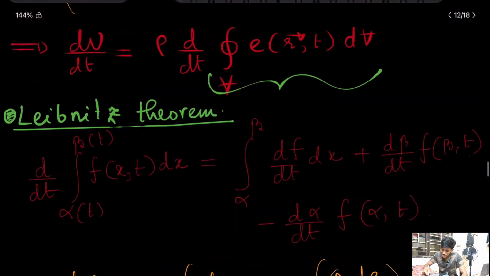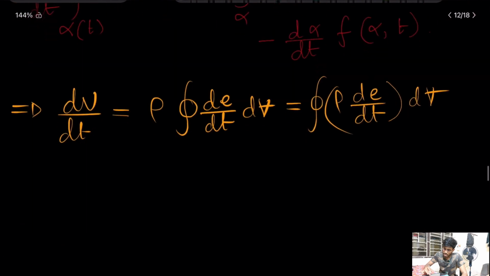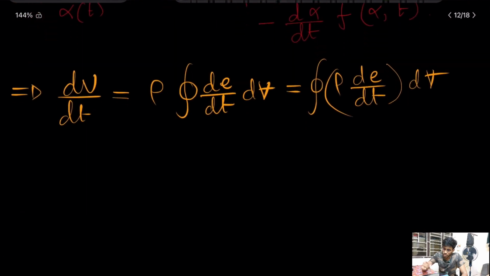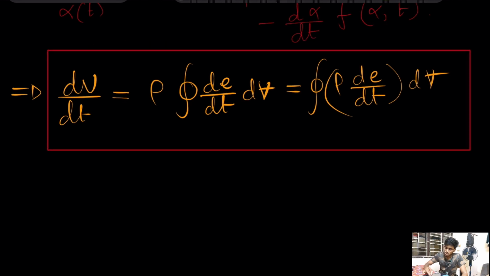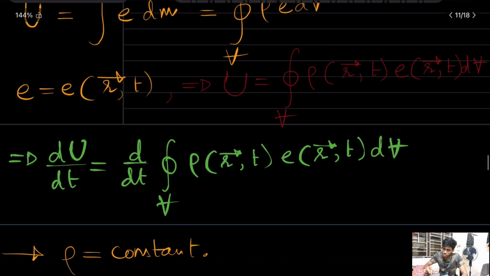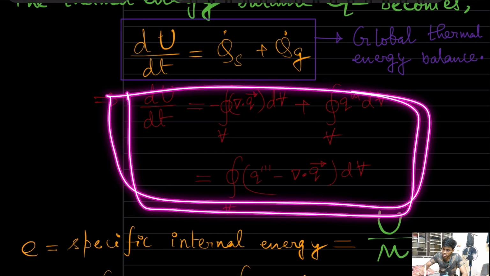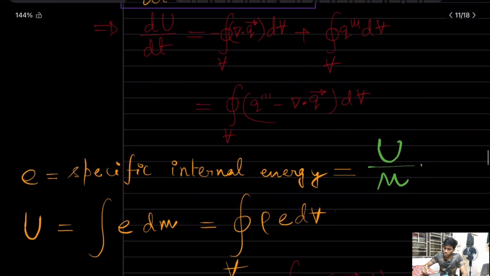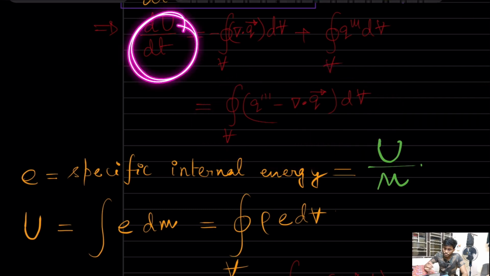Now I have the expression for du/dt also. So I will put this expression into this equation. Just keep this one in your mind, and I will put the expression of du/dt in the LHS.